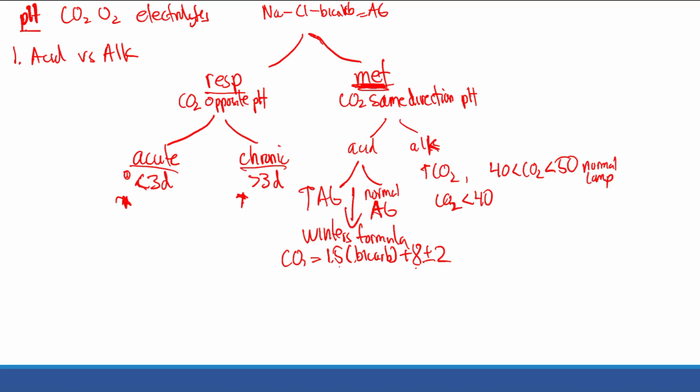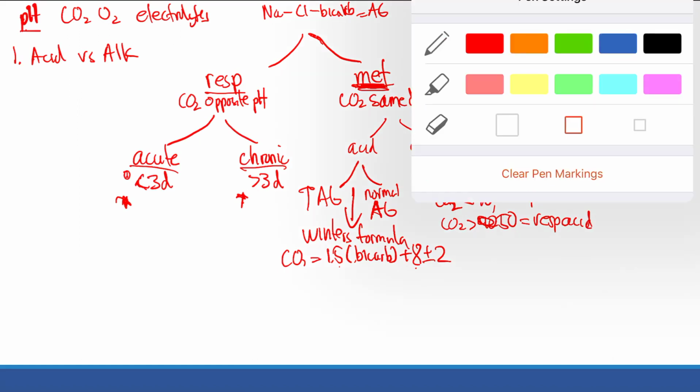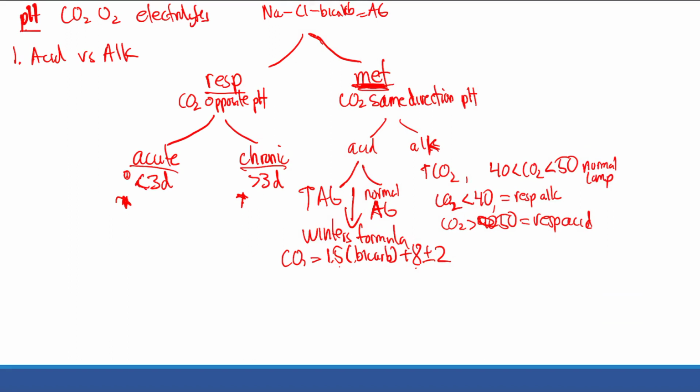So that's the only reason why you would have a metabolic alkalosis and a CO2 less than 40. It's because you also have a respiratory alkalosis going on. Okay? If your CO2 is greater than 50, then you know there's a concomitant respiratory acidosis. That means you're retaining too much CO2. Otherwise, you wouldn't compensate by going over these two numbers, okay? So that's how you can figure out whether it's appropriate respiratory compensation for alkalosis.